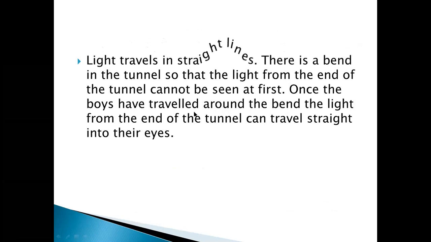Once the boys have traveled around the bend, the light from the end of the tunnel can travel straight into their eyes. Obviously, in the beginning there was a bend in the tunnel like this and then straight. So at that time he cannot see because light travels in a straight line. When he reached there, he can see easily.